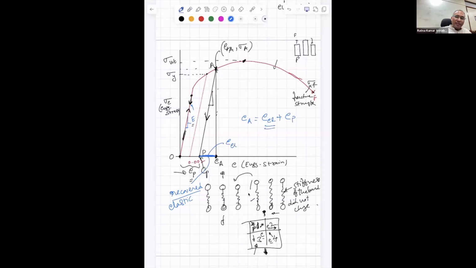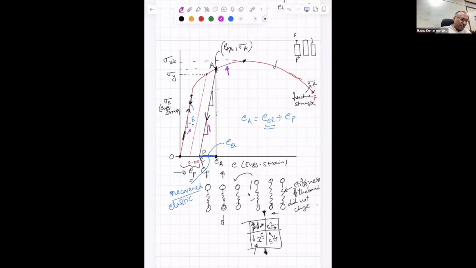All right. So depending upon the level of strain up to which you are loaded, your elastic strain and plastic strain components will change, because this curve is non-linear. Depending on the nature of this curve, you will have different elastic and plastic strains at each and every point. Now, in experiments, when you are measuring elastic modulus, the good way to measure it is not to use this part, but to use the slope of this line, because the unloading path is purely elastic.